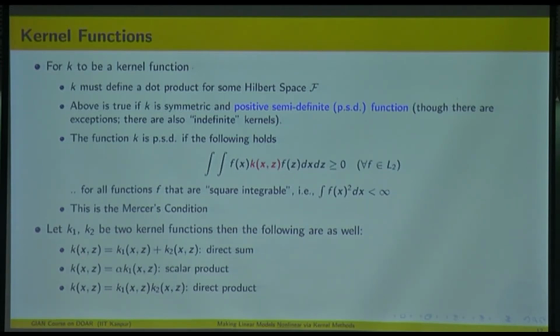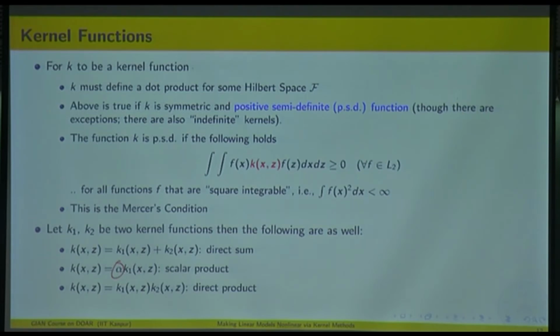Let's say x transpose z and x transpose z squared. I'm summing them, and that is also a kernel. So a direct sum of two kernel functions is also a kernel function. A scalar product, in fact, scalar positive valued: if I multiply a kernel function K by alpha, where alpha is some positive number, that's also a kernel.